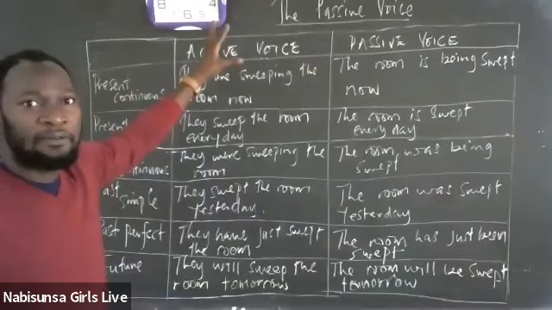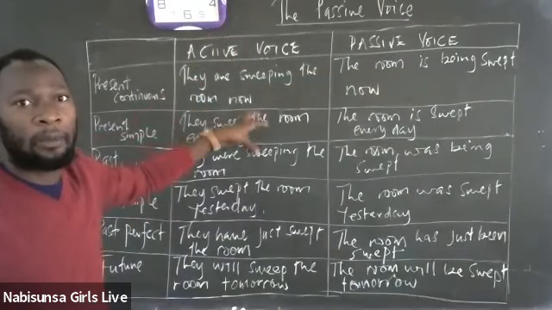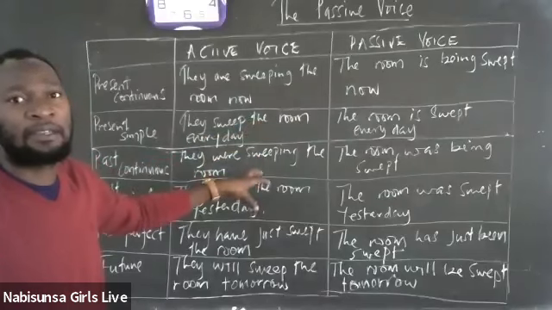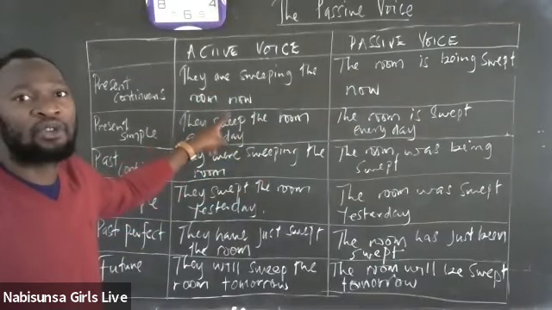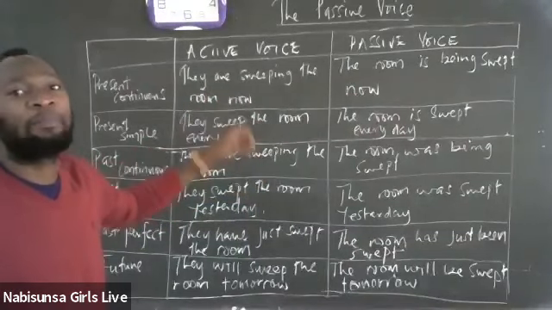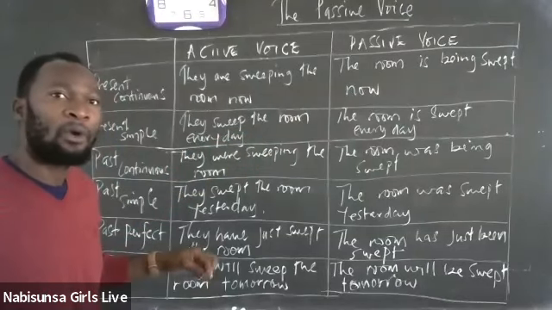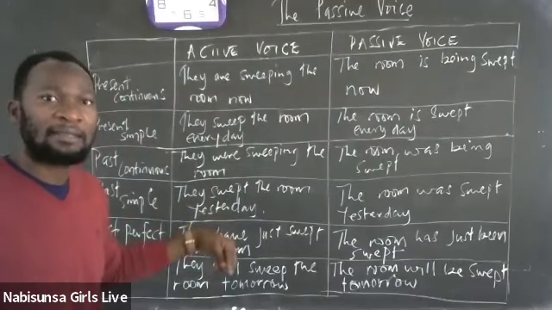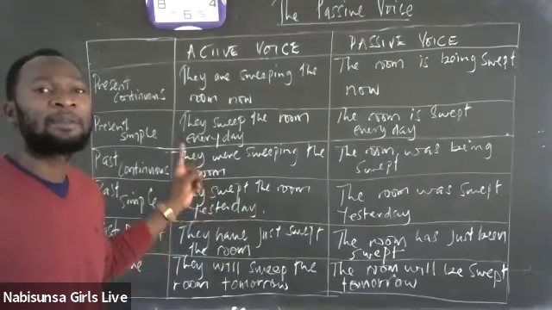Now, in the active table, in the column of the active voice, we have an action that is taking place at that time, or that took place at that time that it has been spoken about.